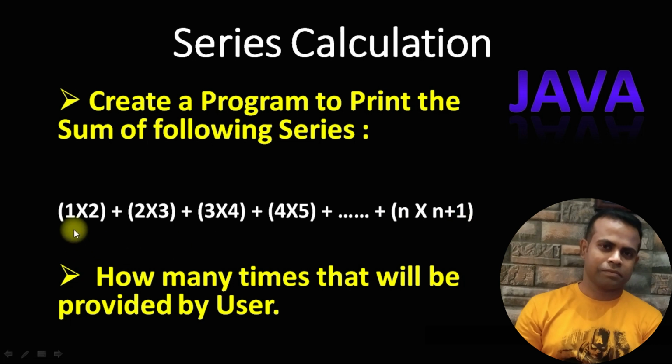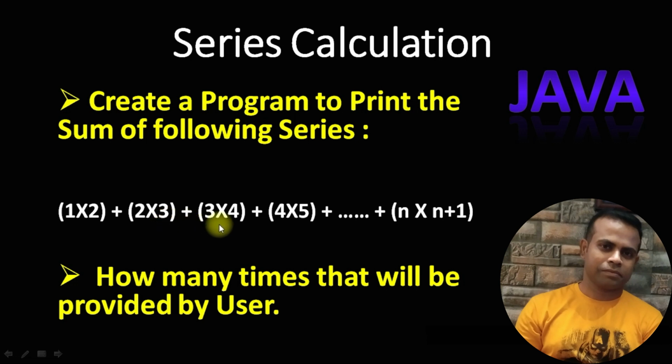If you check this series, first we have to find out the clue. Here you can see the first set is 1 into 2, the second set is 2 into 3, the third set is 3 into 4, and so on. So in the first set, let's say I, the iteration, is 1, then 1 into 1 plus 1, that is 2. In the second iteration, I is 2, so 2 into 2 plus 1, that is 3.